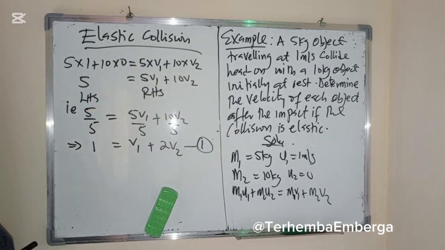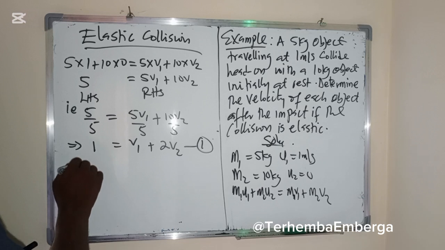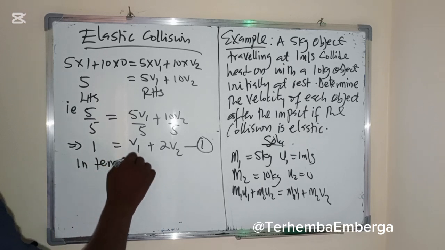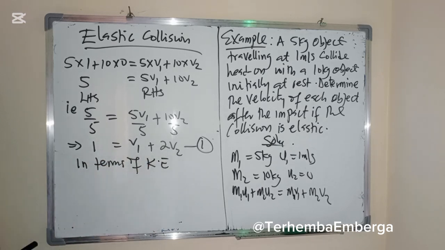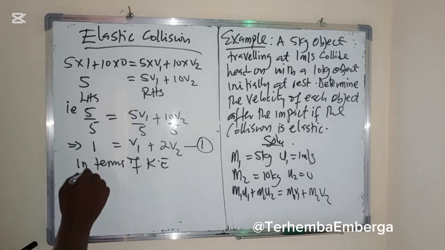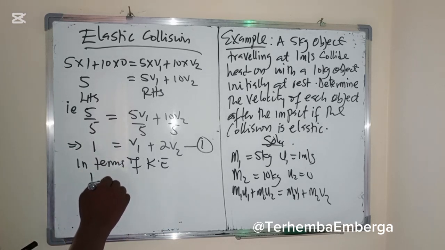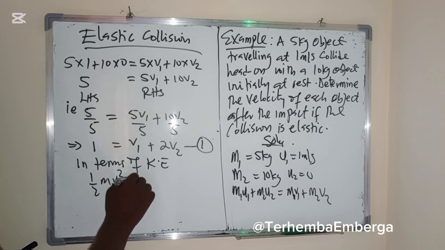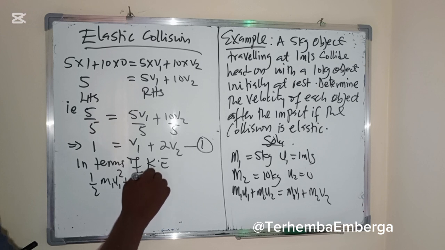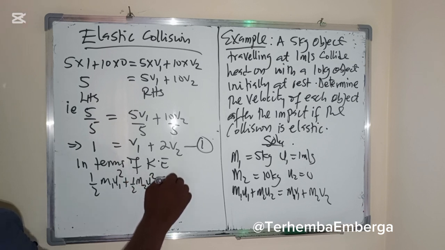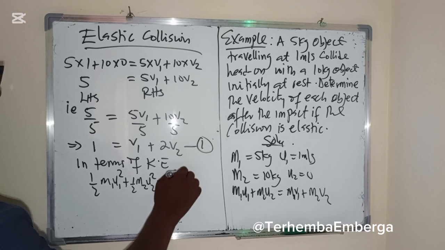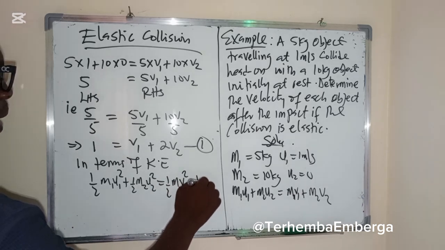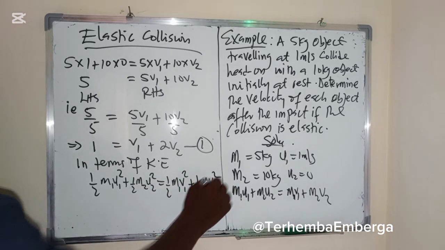What of terms of kinetic energy? In terms of kinetic energy, we now have half M1 U1 squared plus half M2 U2 squared equal to half M1 V1 squared plus half M2 V2 squared.